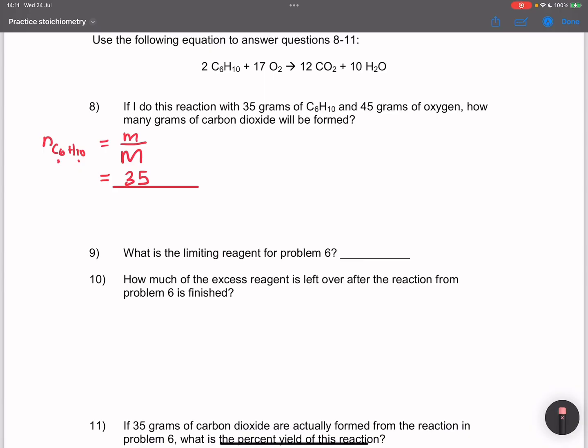So how do we get the molar mass of C6H10? That's going to be 6 multiplied by the molar mass for carbon, which is 12, you can check in your periodic table, plus the molar mass for hydrogen, which is 1, but we've got 10 hydrogens. Now let's calculate it quickly.